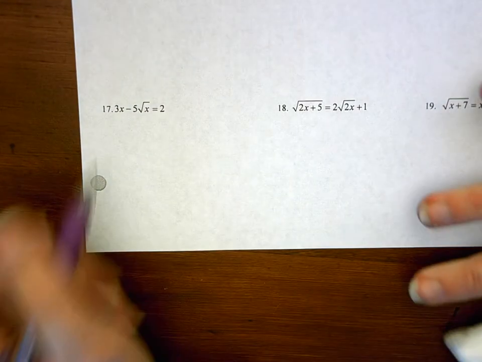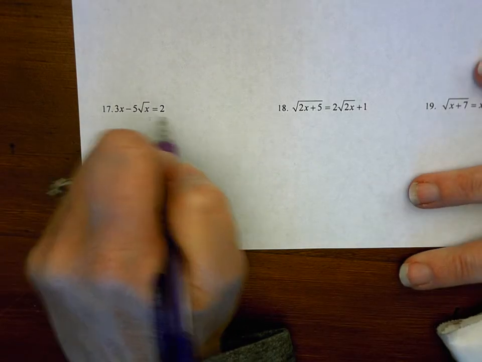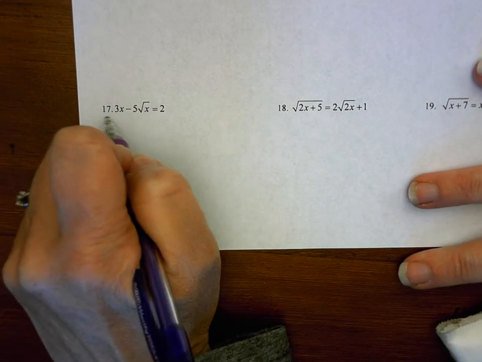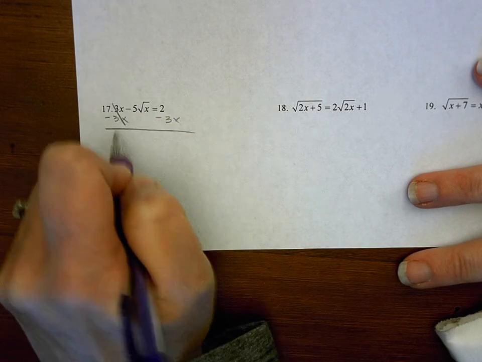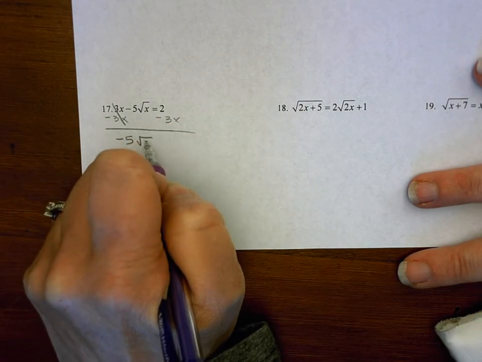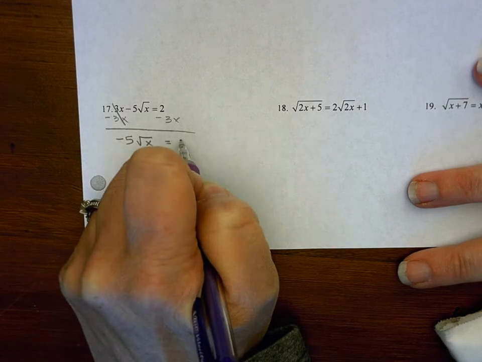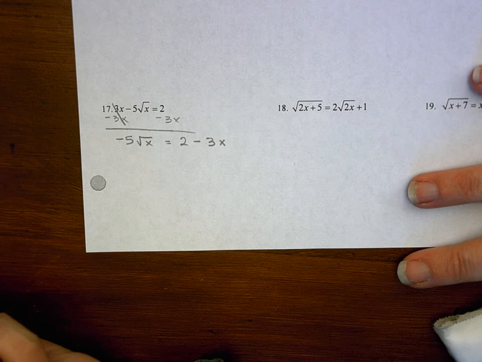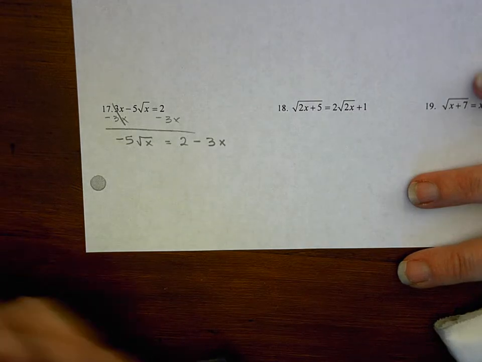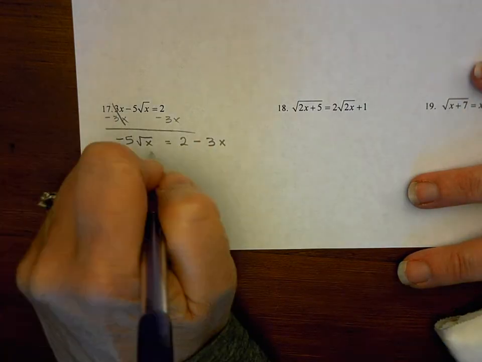So I want to isolate the radical. So I'm going to subtract the 3x over. And then I'm going to divide by -5.